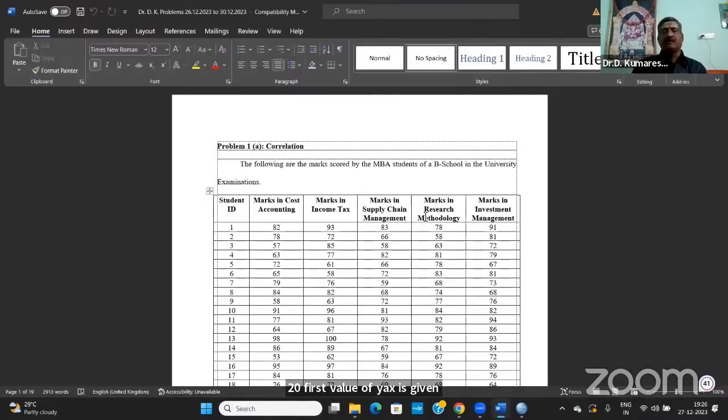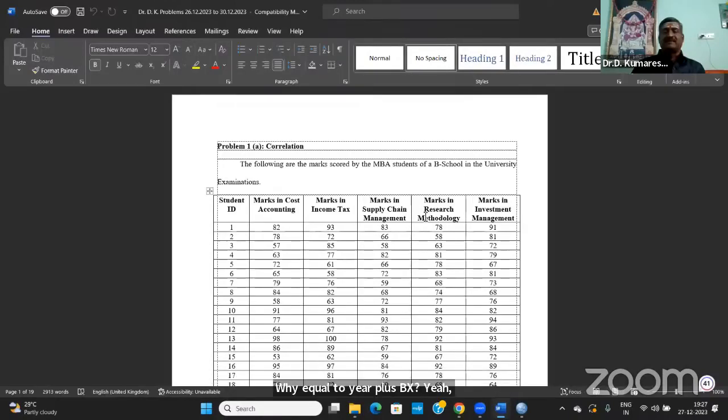We are required to calculate the 21st value of Y. So based on the 20 values of X and Y, and the 21st value of X, we have to predict the 21st value of Y. For that only, we followed the regression equation of Y on X. Y equal to A plus BX.